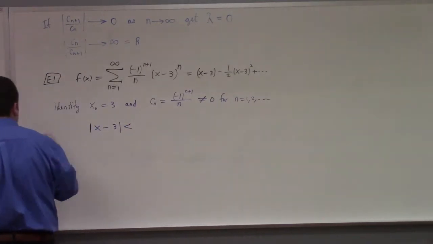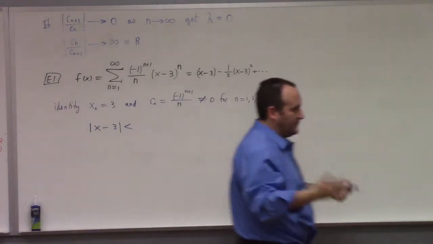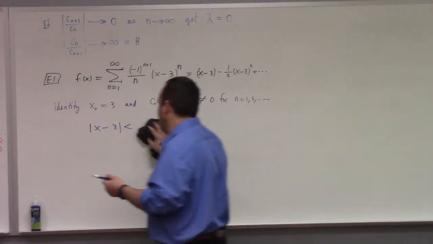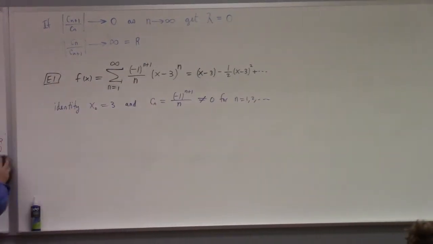Excuse me, let me not do that. Let's figure out what the radius of convergence here is with the theorem. I've not stated it as clearly as I would like. That is, the radius of convergence is equal to the limit as n goes to infinity of Cn over Cn plus 1.